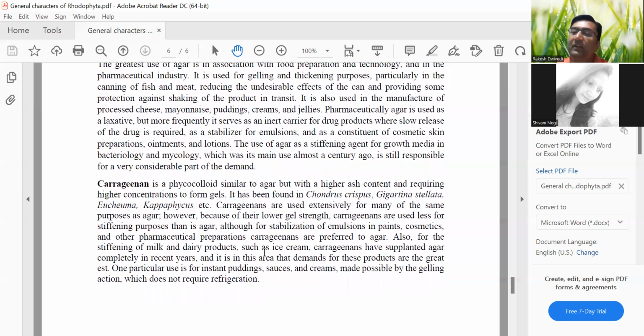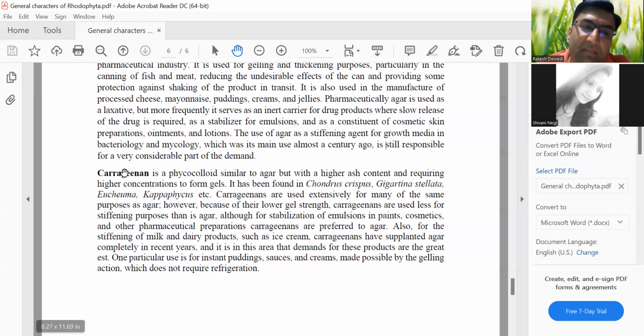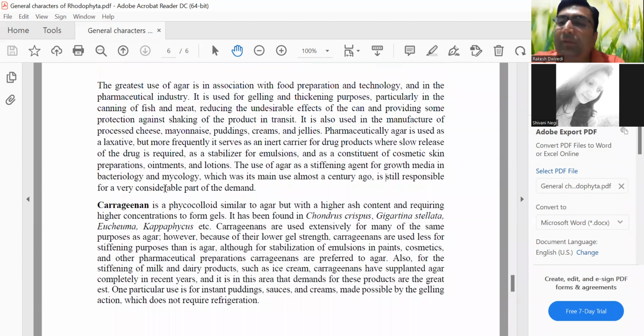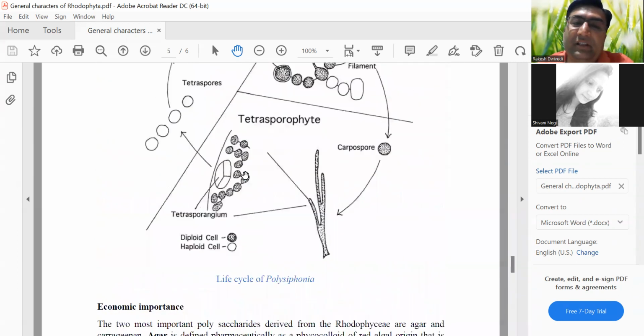Where the agar is used, we can use carrageenans, which is a cheaper substitute of the agar. It is also a sulfated polysaccharide, which is obtained from the cell wall of the red algae. So this is all about the general characters of the red algae.